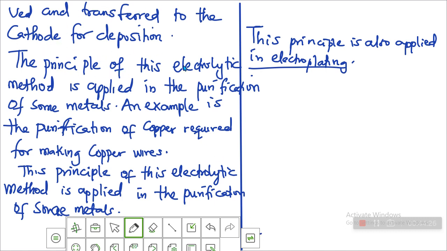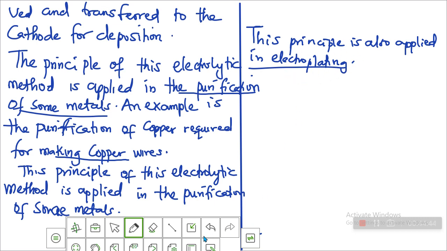Now, the principle of this electrolytic method is applied in the purification of some metals. An example is the purification of copper required for making copper wires. We also use it in electroplating.